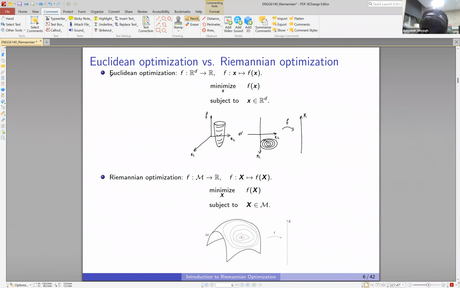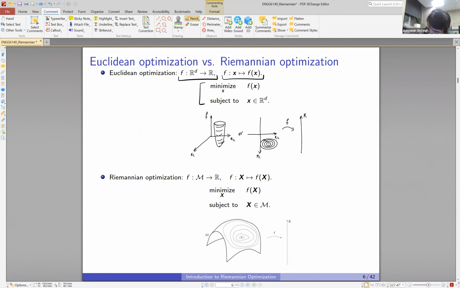Now, again, let's compare Euclidean optimization and Riemannian optimization. In Euclidean optimization, F is a mapping from R^D to R, a map from X to F of X, and we are minimizing F of X with respect to X subject to X belonging to R^D, the D-dimensional Euclidean space. So for example, if D is two-dimensional, then we can show F as one of the dimensions.